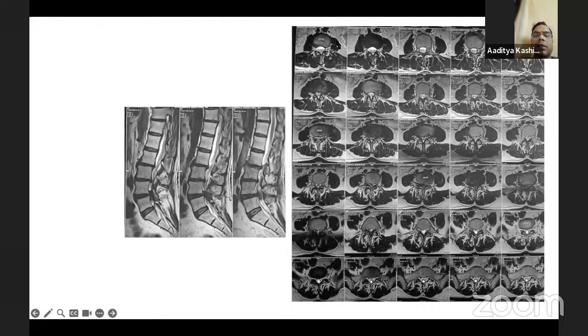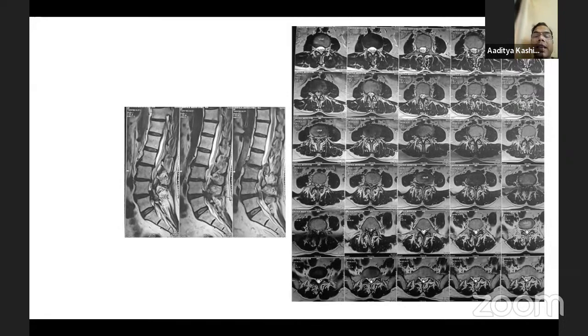The facet has grown inside on the right side more. There is also a stenotic component at the L3-4 level as well. And there is early stenosis at L2-3, but I feel there is stenosis from L3 to L5.